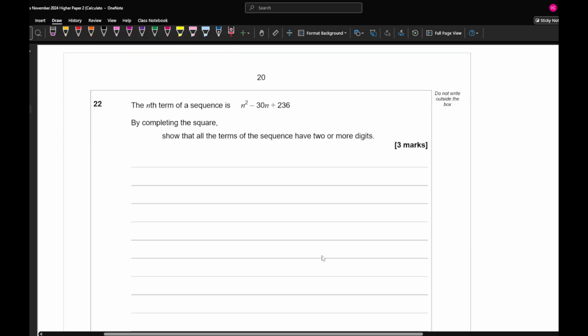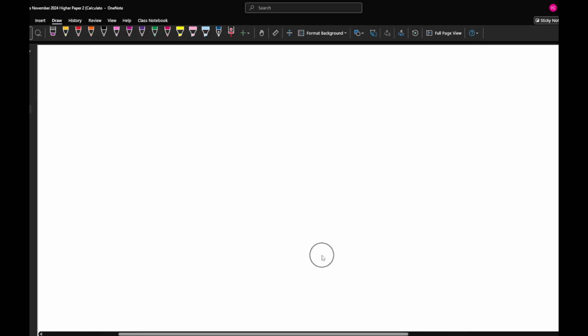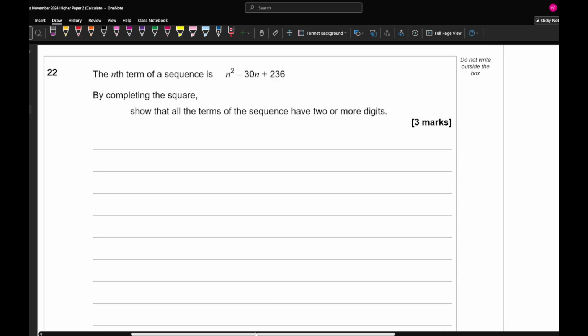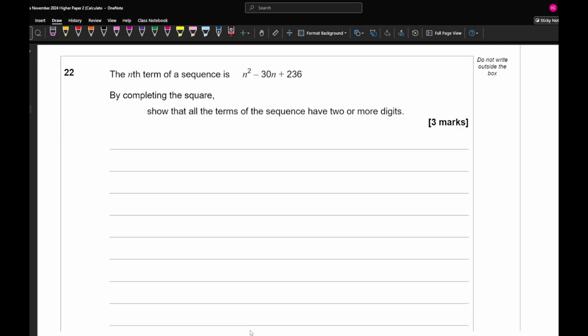Then for question 22, it says the nth term of a sequence is n squared minus 30n plus 236. By completing the square, show all terms of the sequence have 2 digits or more. So for this, what we need to do is use completing the square to factorize this first. So we've got n minus, and if I divide the coefficient of n by 2, I get 15.